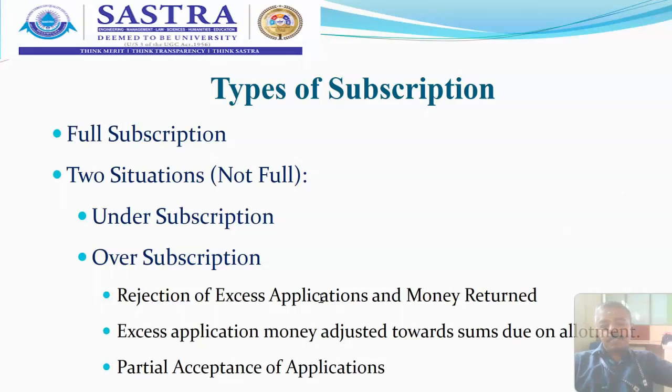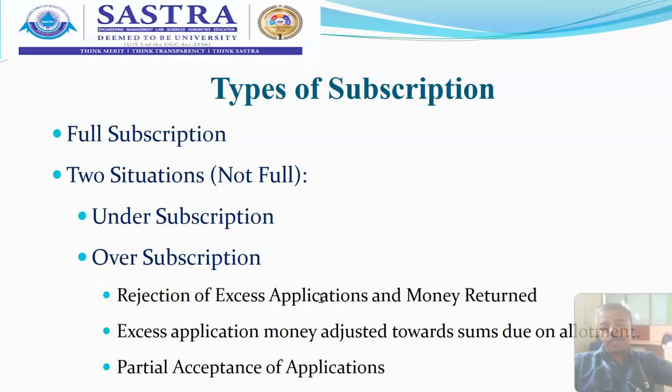Then oversubscription. When the company receives applications for more shares than the number of shares offered to the public for subscription, it is called oversubscription. Now you can match with the example I have quoted.